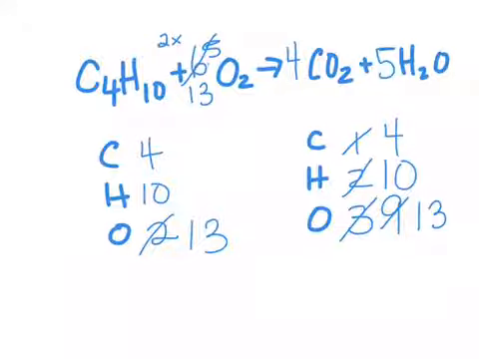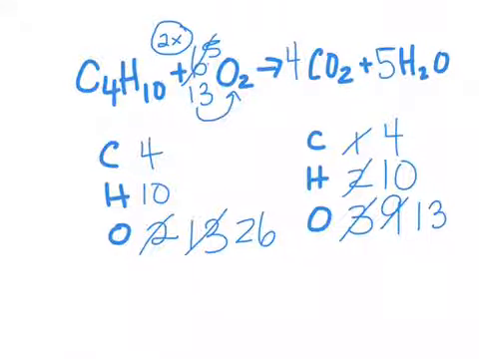And 13 oxygens times 2, or 13 times 2 for my coefficient here of 13, that's going to give me a new count of 26. But before I go ahead and do that, when you fix a decimal coefficient by multiplying it by a number, whatever you multiply by, you must also multiply the other coefficients.